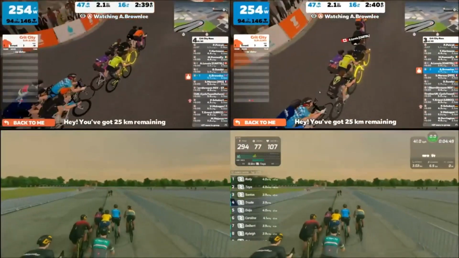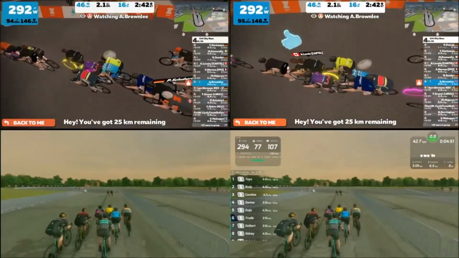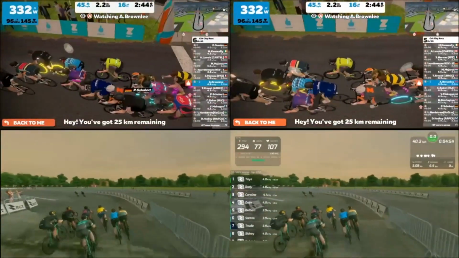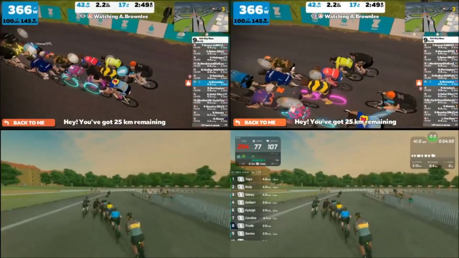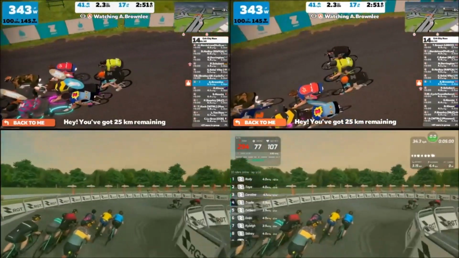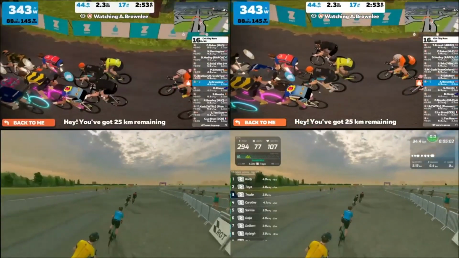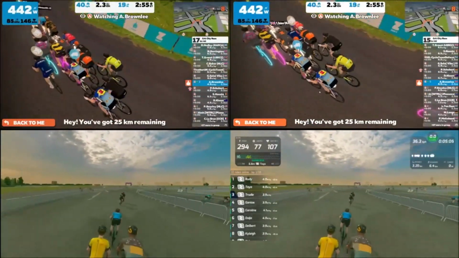Now look below at RGT. RGT have taken rider placement on the virtual road. And remember, RGT only use real virtual roads, not made up roads. What you can see here is all the riders on both screens in the same place.